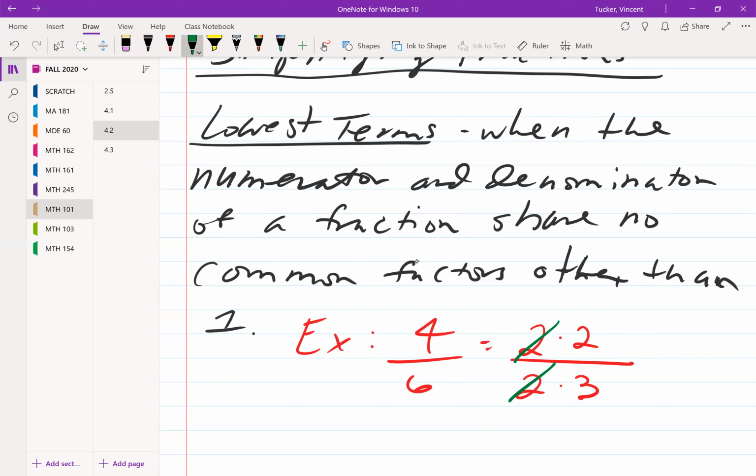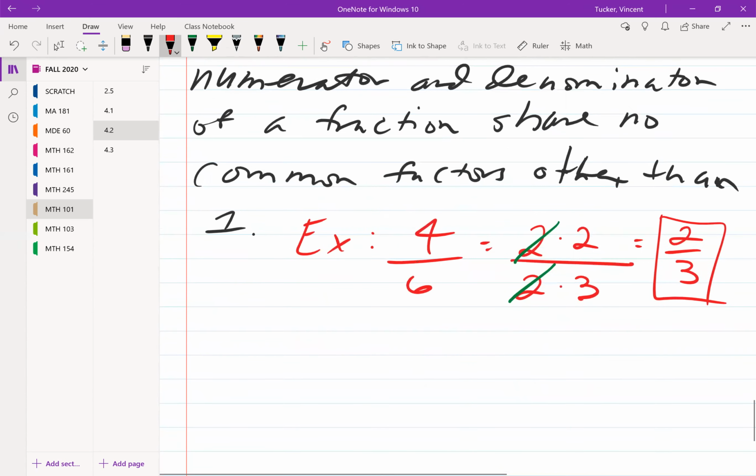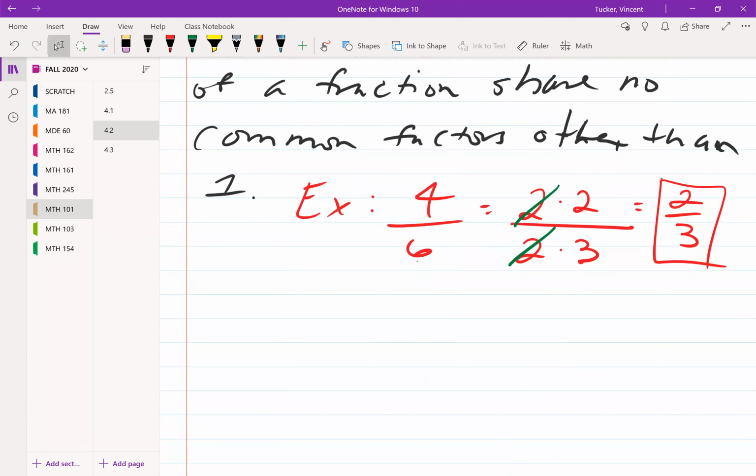That's because 2 over 2 is equal to 1. So it reduced down to 1. And that leaves me with the most simplified fraction of 2/3. And so that's your fraction written in lowest terms. So you always can break down your numbers into prime factorizations and then cancel out what they have in common.